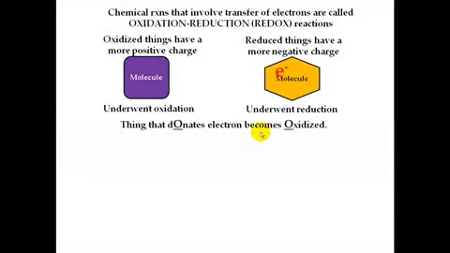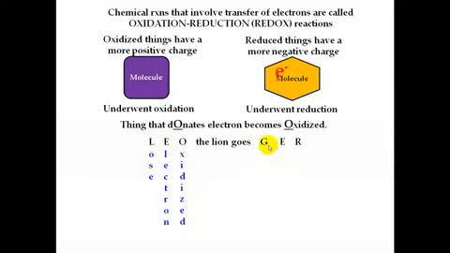Another little clever mnemonic that some people use is this. Leo the lion goes grr. And so Leo stands for if it loses an electron, that means that it's oxidized. Grr stands for this. If it gains an electron, that means that it's reduced. So again, there's a couple of little tricks that some people can use to remember the difference between oxidation and reduction.